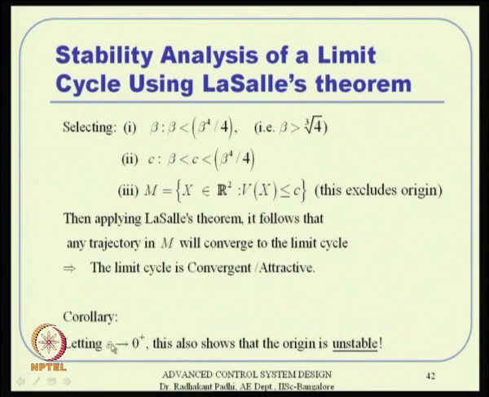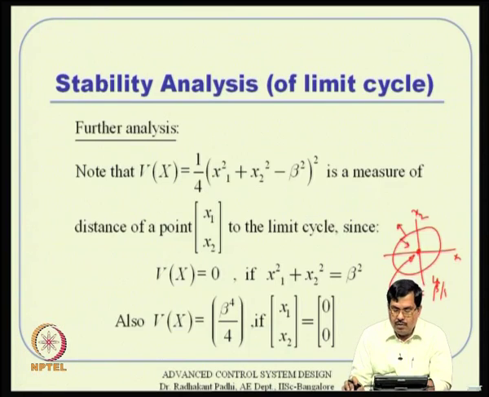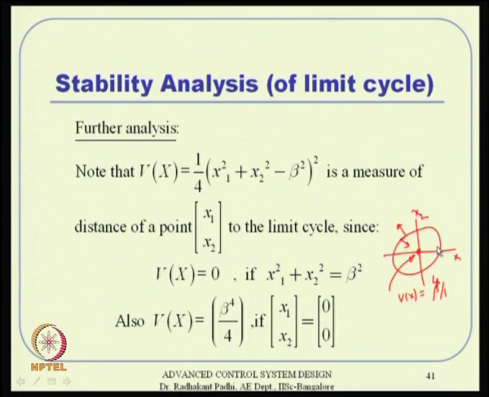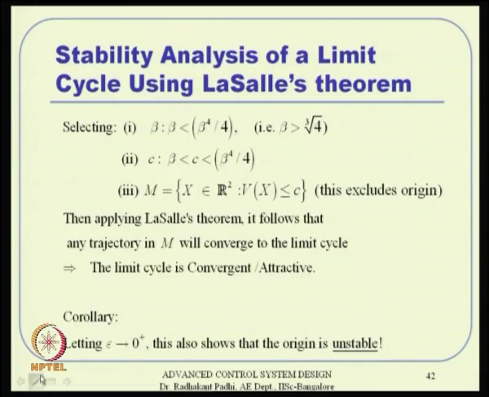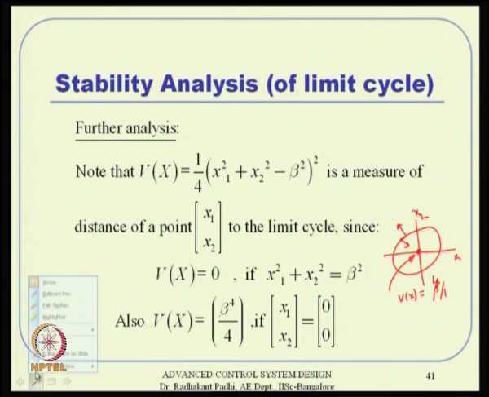It also tells us that if I take an epsilon just slightly close to 0, that means I am almost touching the equilibrium point but I am away from it, then also I will go to the limit cycle only. Wherever I start very close to that, ultimately I will converge to the limit cycle.